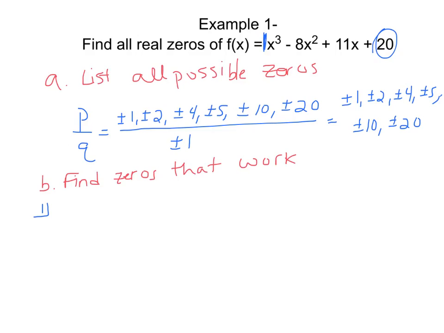So I'm going to plug in 1, and then I'm going to put down my coefficients. And I'm going to go ahead and do the synthetic division. And I can see that that's not going to work. So I'm going to go to negative 1.